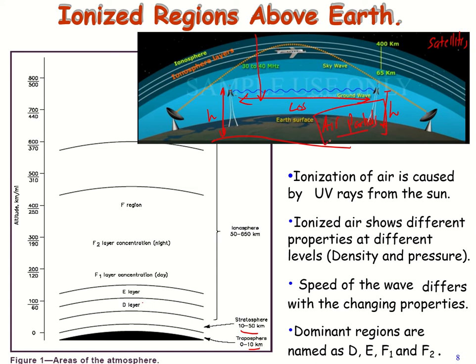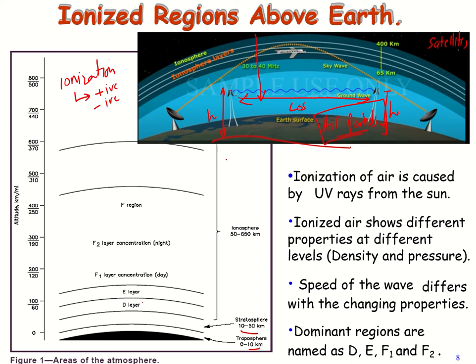When these air particles and the ultraviolet rays interact, the ultraviolet rays are very strong, they have very strong density, so they will ionize, they will break the air particles. That process is called ionization. Basically you get one positive and one negative ion.